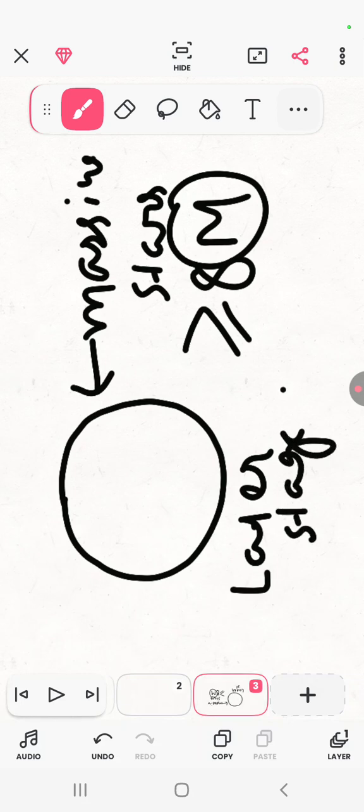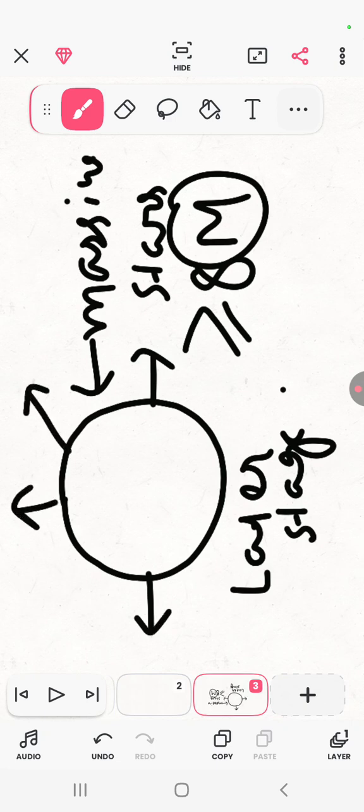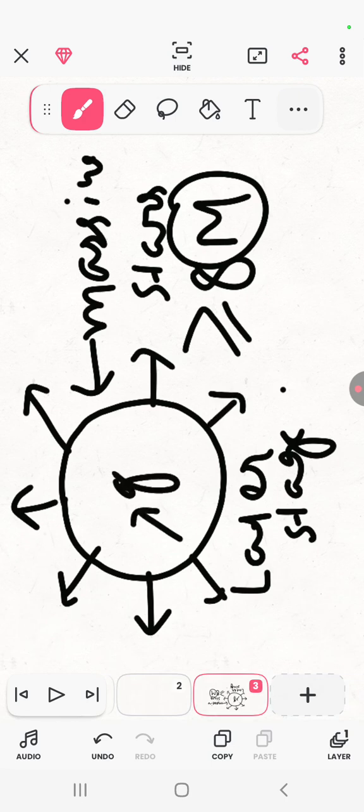then what happens? The fusion that is providing a force in the outward direction from the core counterbalances the gravity. This is called the thermal pressure, and this is called the gravity.